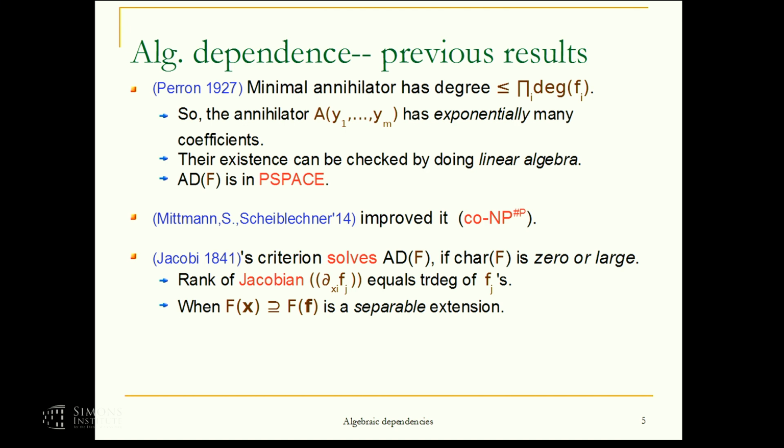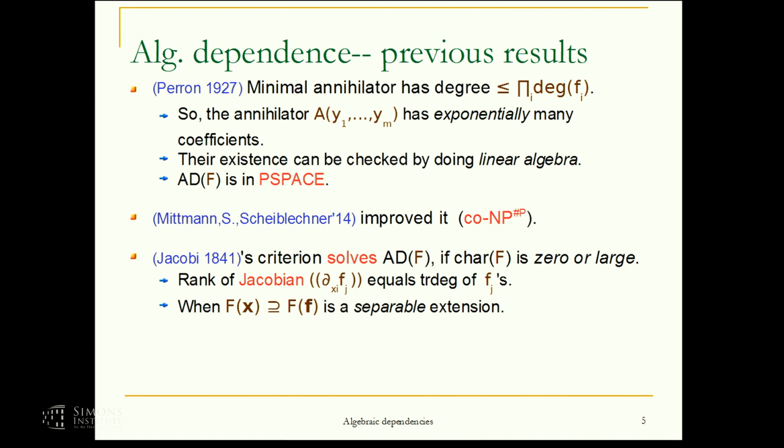So where does it fail when the characteristic is not 0? It can be shown that the proof works as long as this field extension is separable. If you don't know what that is, just ignore this statement. But if you know what separability is, then this criterion depends only on the separability of this field extension.